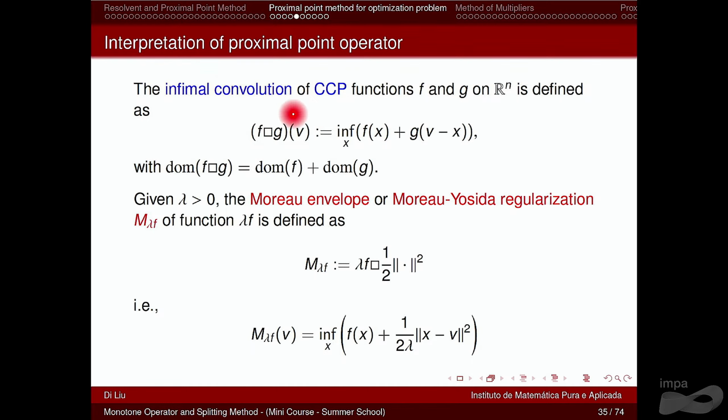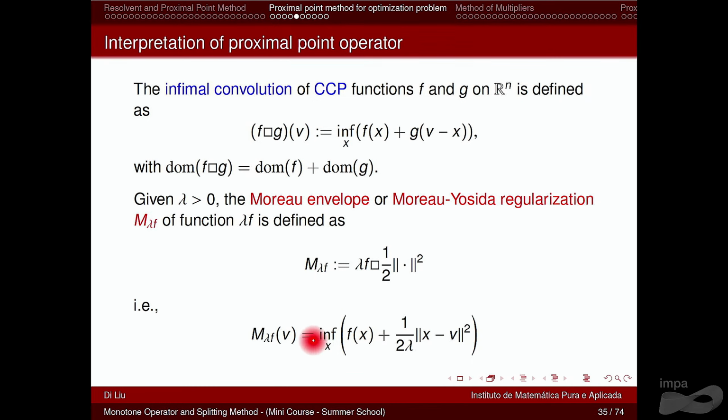It's M_lambda f. It equals just this, the infimal convolution of the function f and the norm square. So it is equivalent to say the Moreau envelope equals the infimum over x of this function.